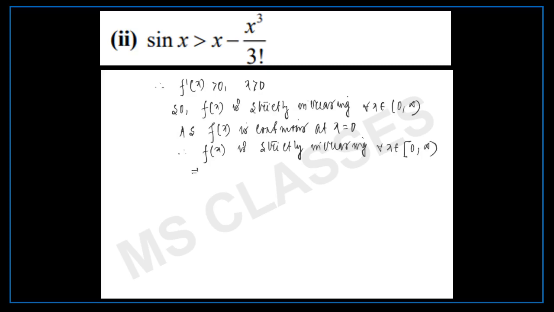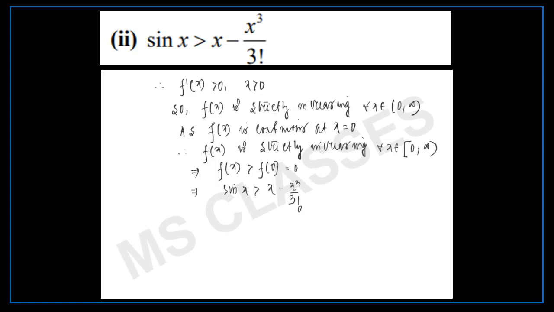This implies f of x greater than f of 0. And this implies sin x greater than x minus x cubed by 3 factorial, because f of 0 is 0.